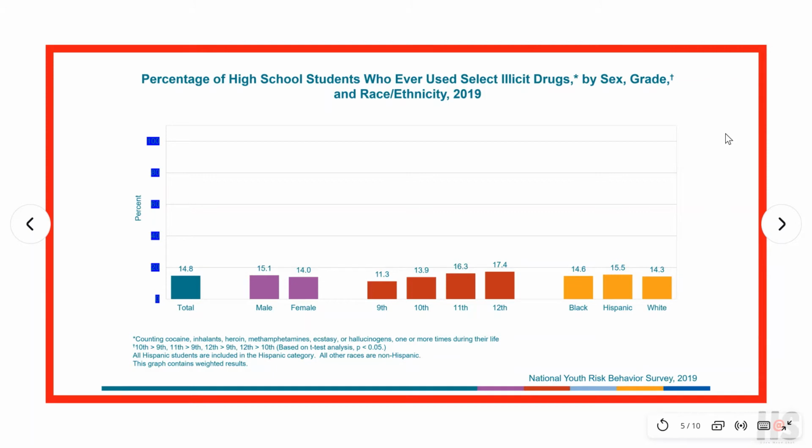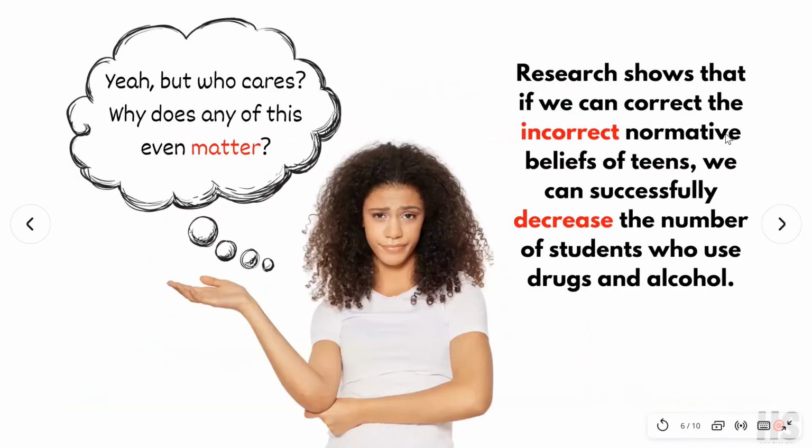But when we flip that statistic, we realize that 85% of our high school students are not using drugs and never have. At this point, our students might question the results from that survey, and I always like to acknowledge that survey data is not perfect, but it's the best way we can see health behavior.